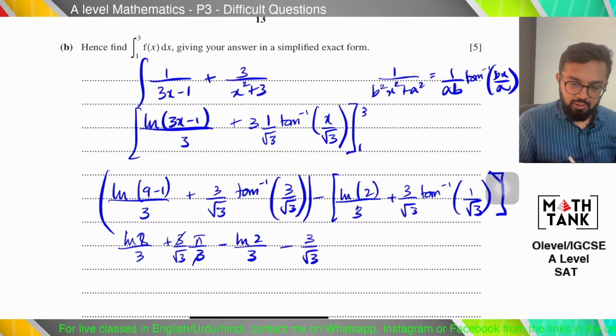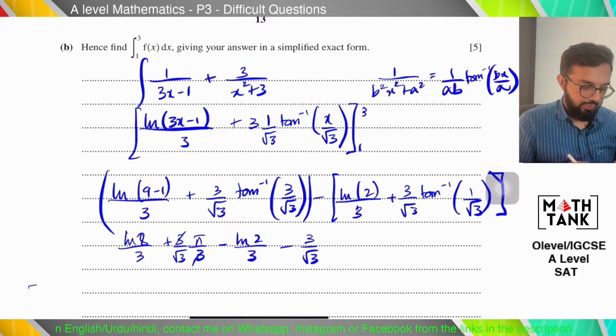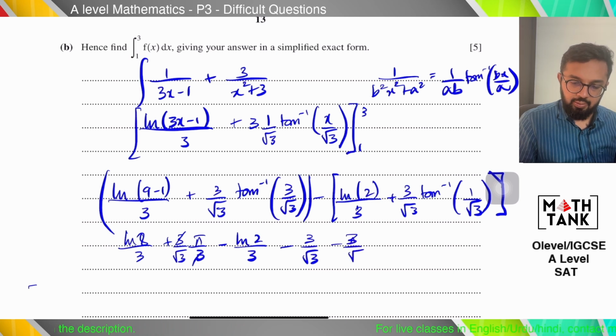And tan inverse of 1 over root 3 is pi over 6, pi over 6.